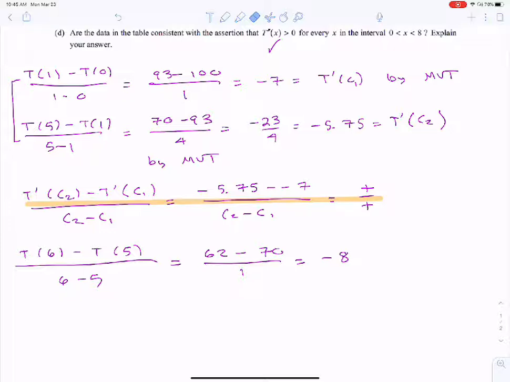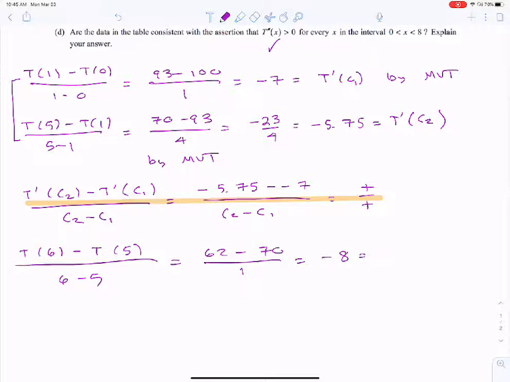so let's keep on going here. So now I'm going to do my logic from before. So if you don't mind, I'm going to say this is going to be equal to t prime of some third number, C3, right? And again, this is by mean value theorem. So now I can say t prime of some C3 minus t prime of some C2 over C3 minus C2.